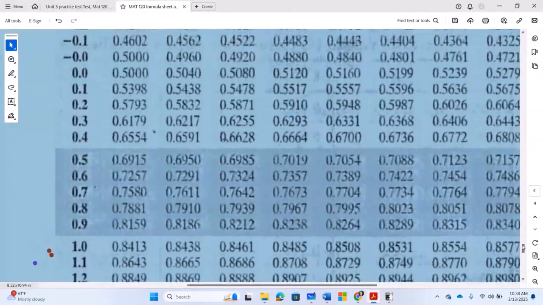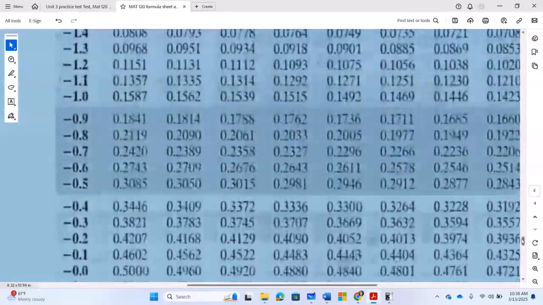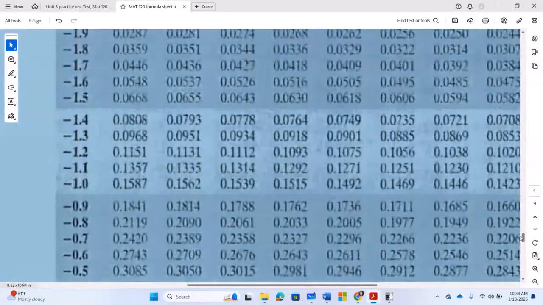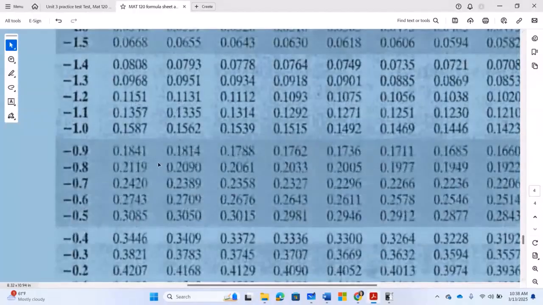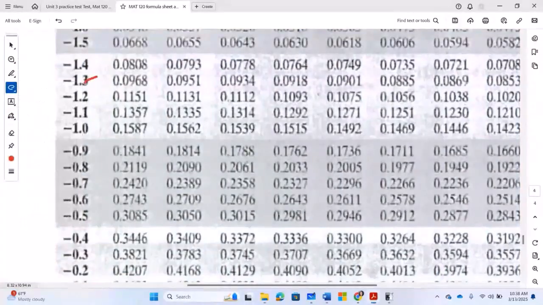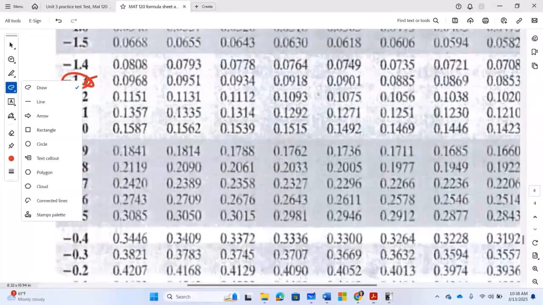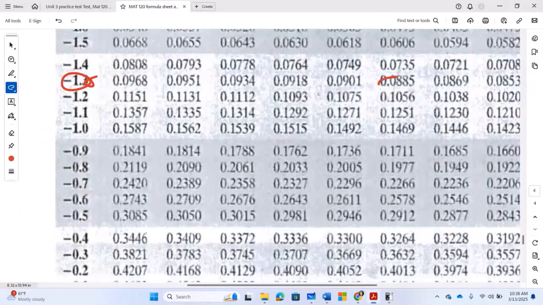So I will scroll to where I have negative, then keep scrolling until I see negative 1.3. Okay, so here is negative 1.3. Then I will keep on going to the right, 0.0, 0.01, 0.02, 0.03, 0.04, 0.05. So here it is.